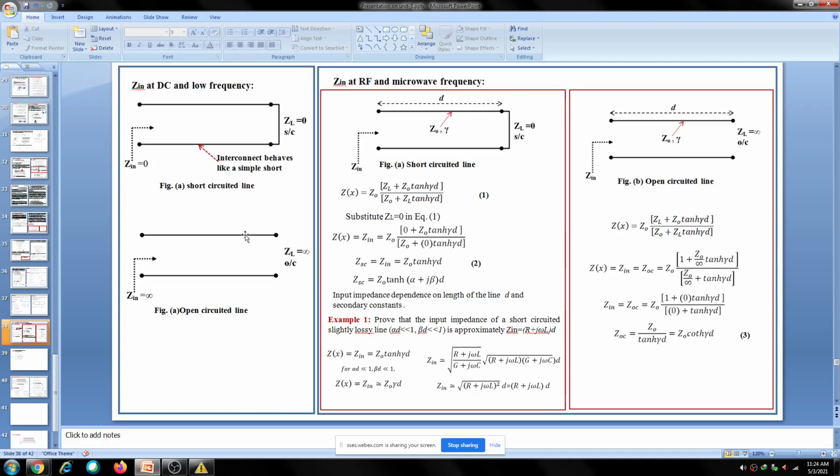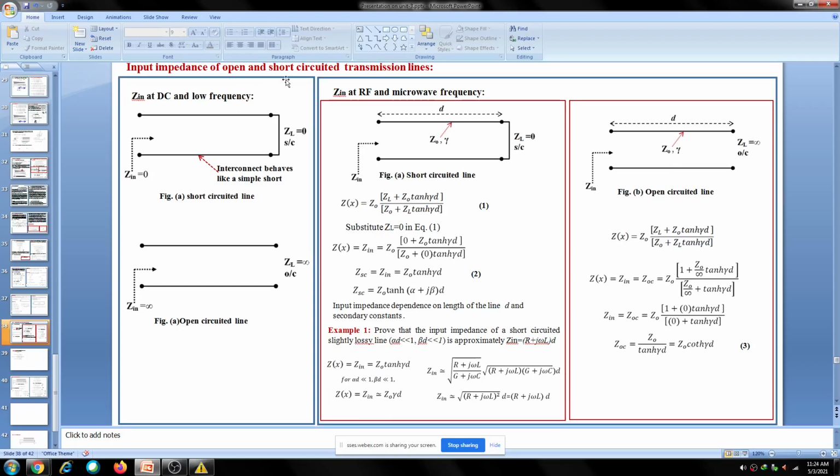It is not like that in the case of transmission lines at RF and microwave frequencies. This is about the input impedance of open and short circuited lines at RF frequency.